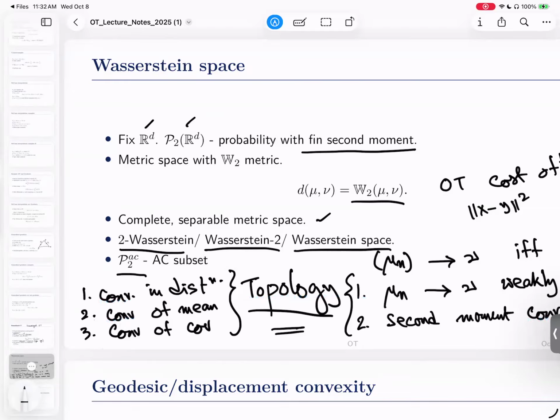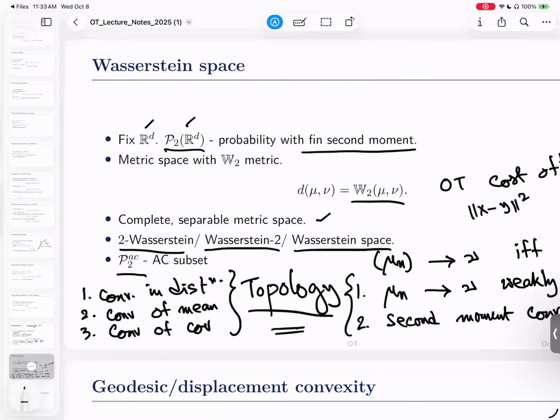Does anybody need any explanation on the notation or the definition of any of this? Are you familiar with these concepts? Yes, I'm from a physics background, so I'm not sure. What are you denoting with mu sub n? This is a sequence in P2 of R^d. This is a sequence of probability measures.